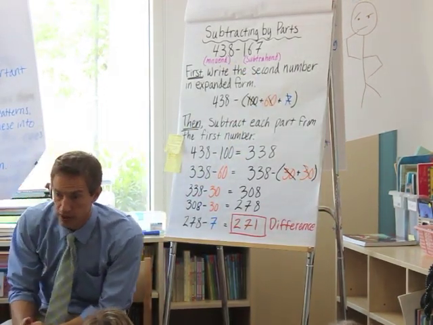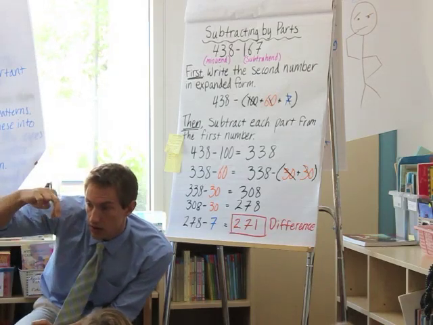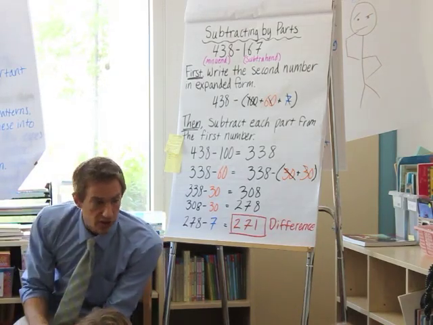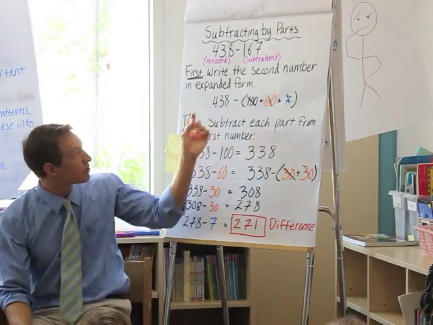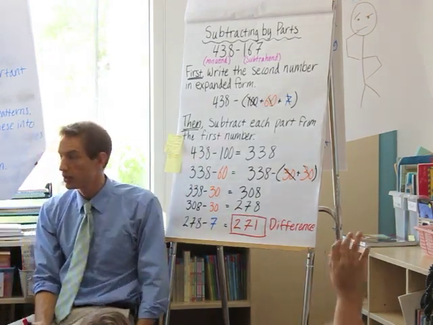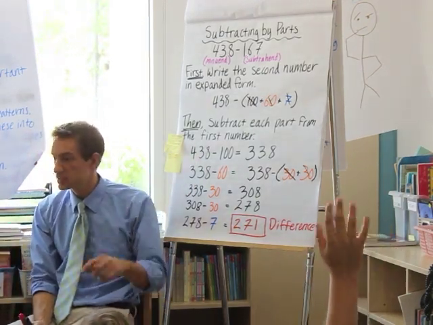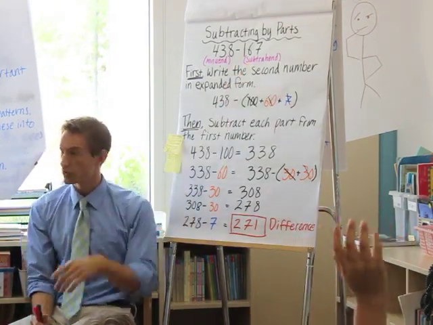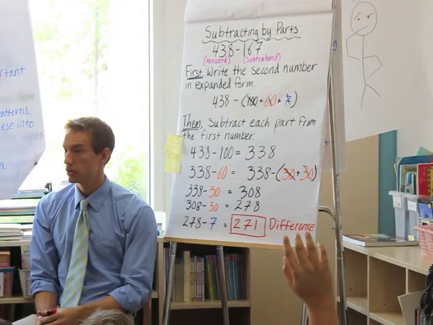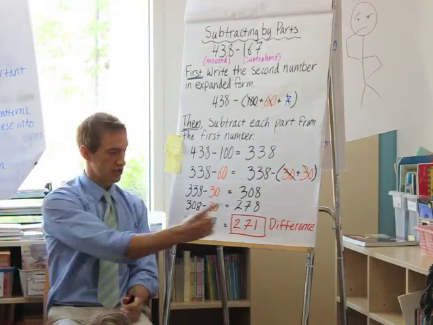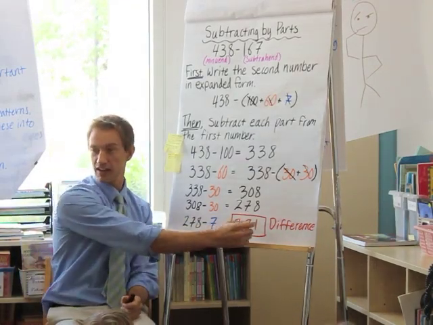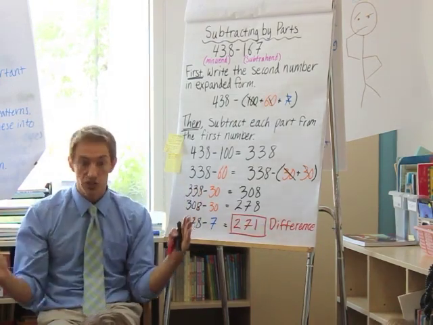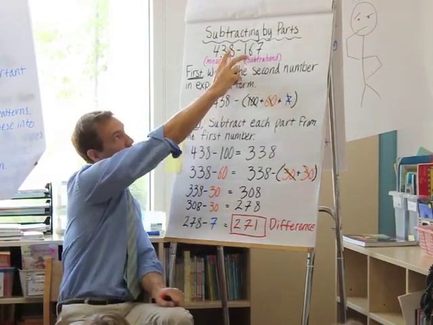How many steps do you think it will take to get to 438? How many steps do I need to take on a number line from 167 to get to 438? Charlotte? 271. That's the difference between these two numbers right here.